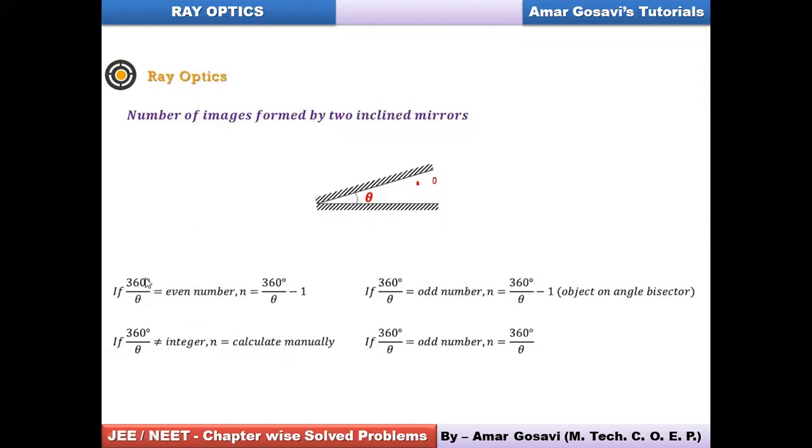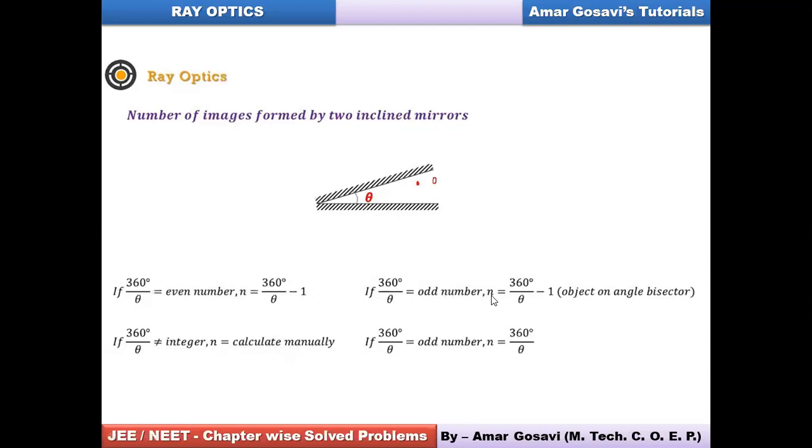So just observe this. If 360 by theta, whatever the theta is, is an even number, then the number of images formed is 360 by theta minus 1. So these many images would be formed. But if 360 by theta is an odd number, then the number of images would be established again.